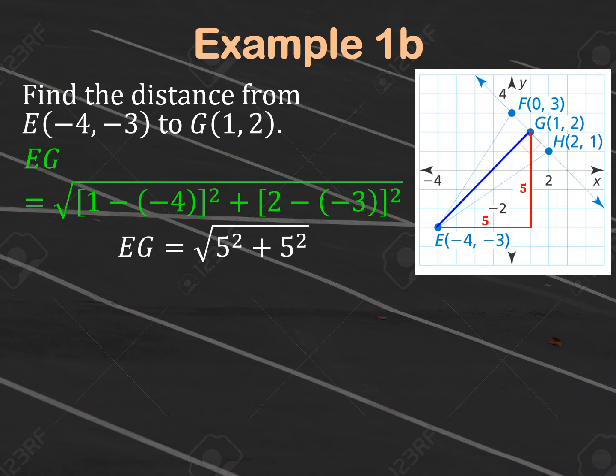So EG is the square root of 5 squared plus 5 squared. Those are the lengths of the two legs. Add that up, you get the square root of 50. Take the square root of 50, round it to the nearest tenth, and you see that distance is about 7.1 units. So that's how to find the distance from a point to a line. You can look for that perpendicular segment.